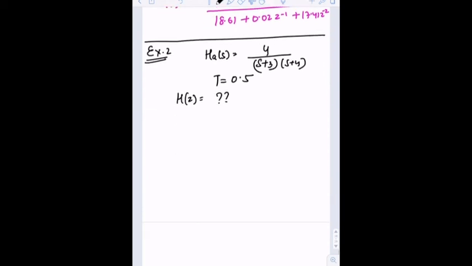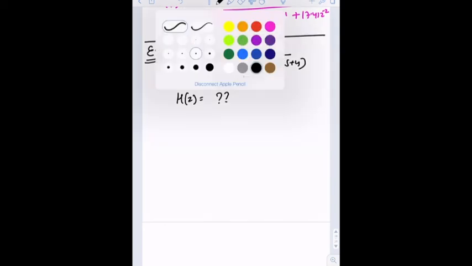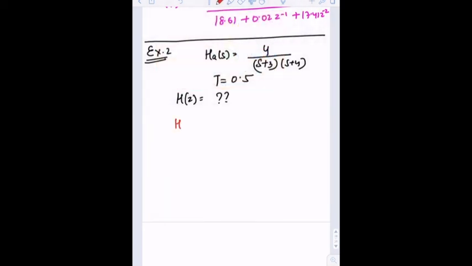So a very simple question. Here H(z) will be equal to 4 upon (s + 3)(s + 4), and s will be equal to 2 upon 0.5 times (1 - z^-1)/(1 + z^-1).